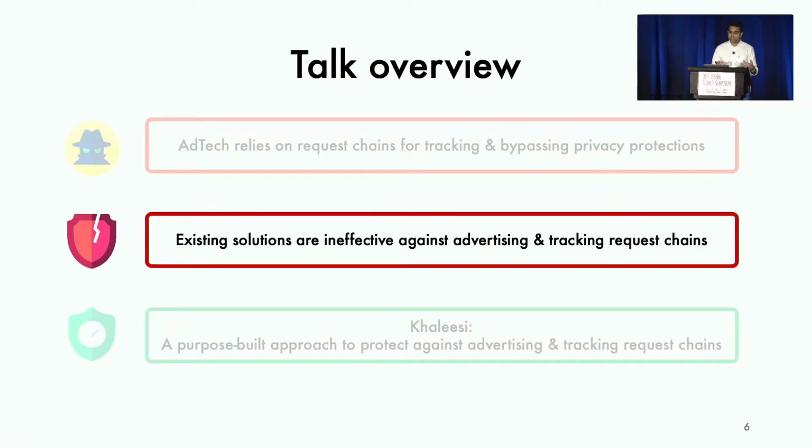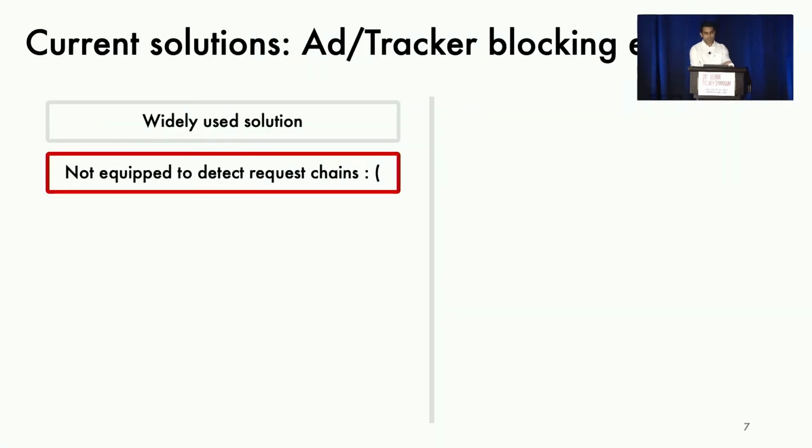So now that we have looked at some of the ways in which advertisers and trackers can abuse request chains, let's see if existing solutions are effective at protecting against these threats. Most people rely on ad and tracker blockers to protect their privacy on the internet, but unfortunately, these tools are not equipped to effectively block request chains.